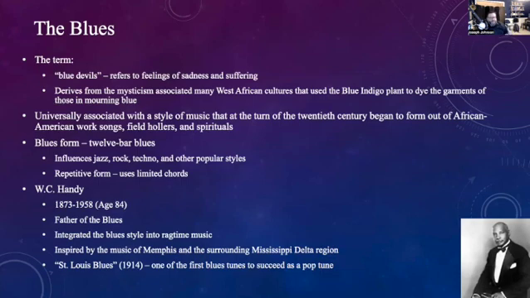So he pretty much formed the blues from ragtime, which is kind of cool. You can see a direct correlation here between the two different kinds of music. And the blues still comes from that same area. Memphis is the birthplace of the blues, but also that Mississippi Delta region.